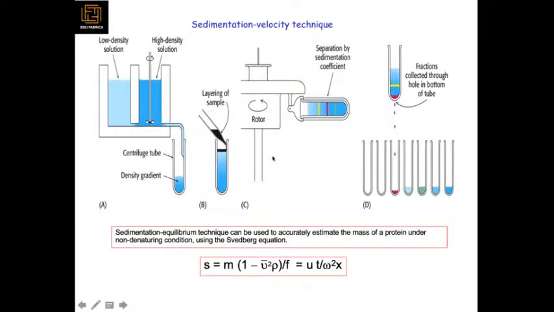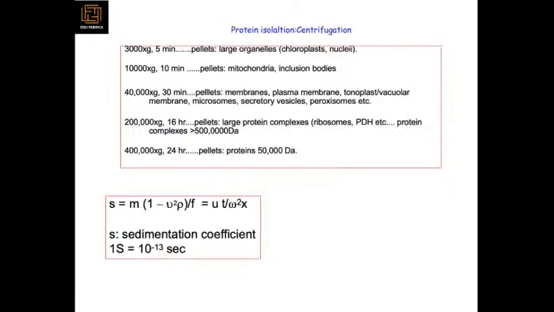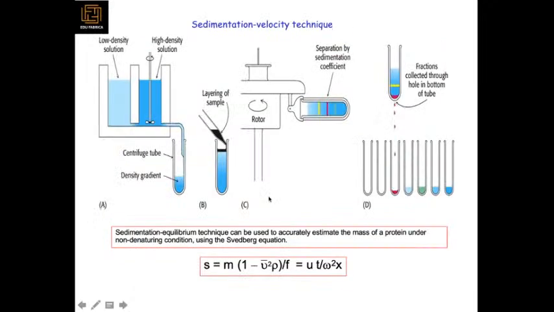This sedimentation depends upon the sedimentation coefficient, which is expressed in units of 10 to the power minus 13 seconds. With this, all the different protein particles are separated as per the molecules you are looking for.